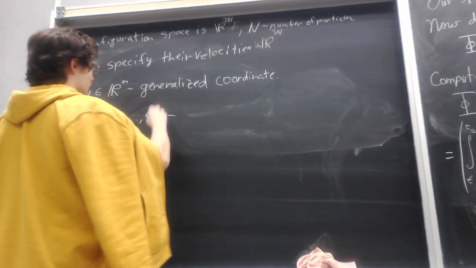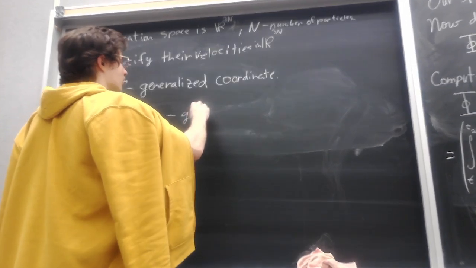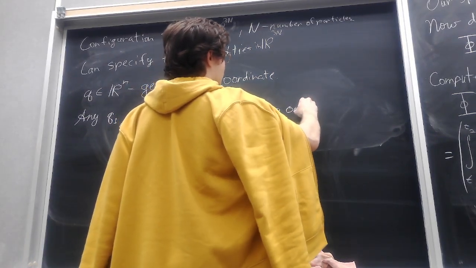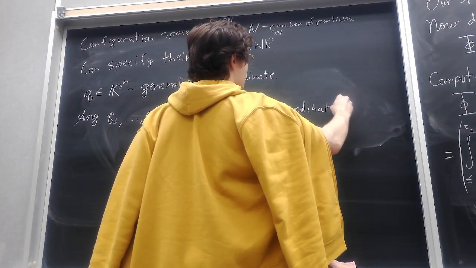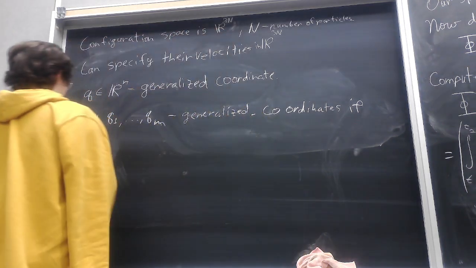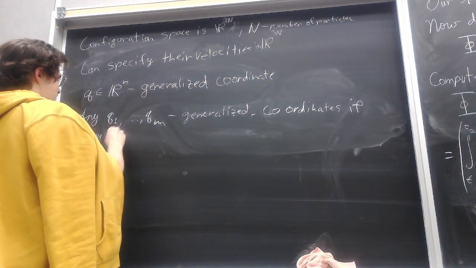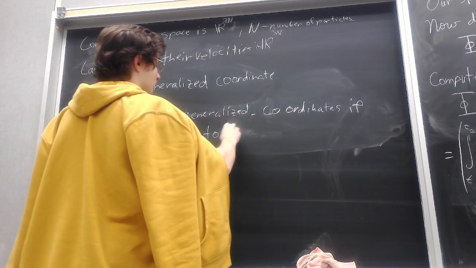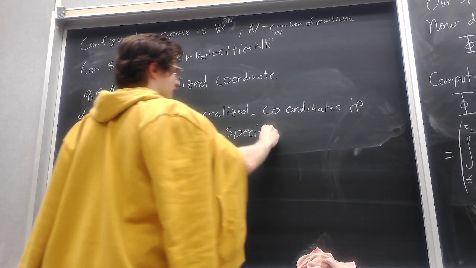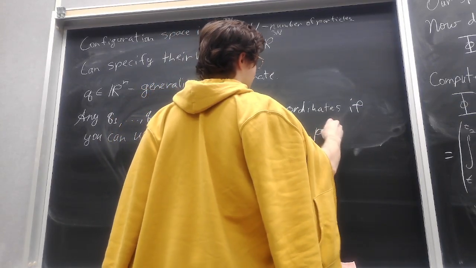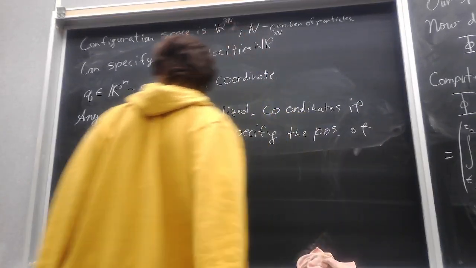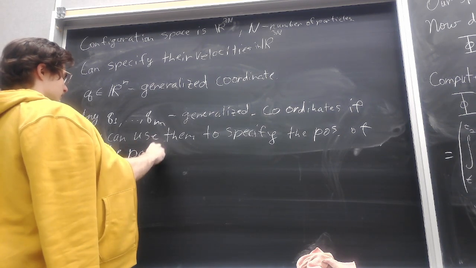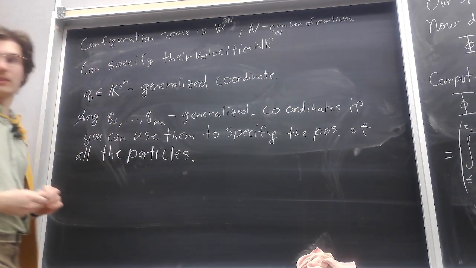So Q1 to Qm are generalized coordinates if you can use them to specify the position of all the particles. Okay? That's fine.